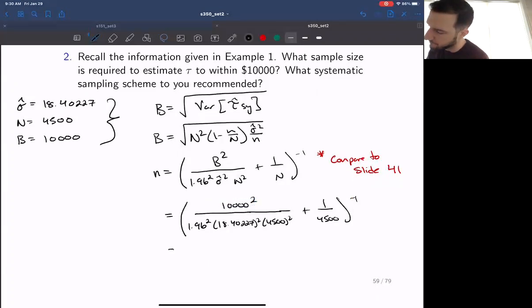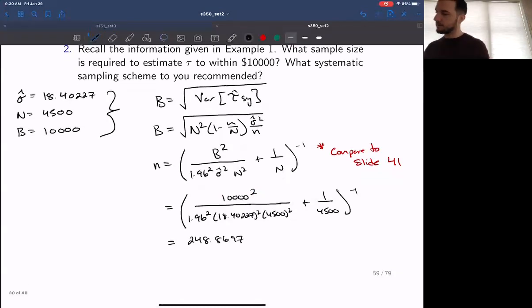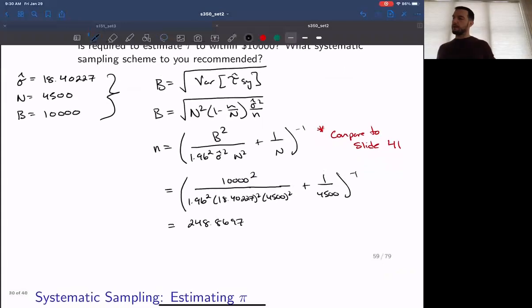Okay. And this should give us 248.8697. Okay, so that's the first part. The question actually asks us for the systematic sampling scheme. So the final answer we're looking for here is the 1 in K systematic sample.